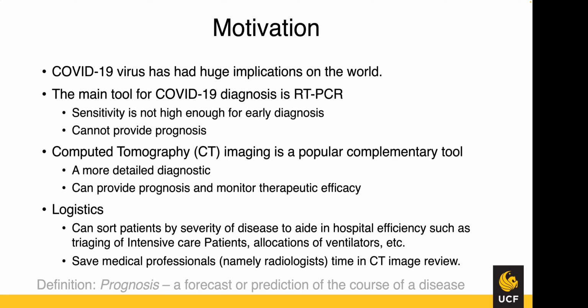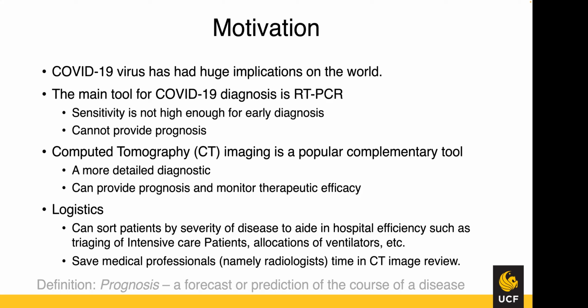Okay, so it's useful to then get a CT image, and this can actually provide a lot more detailed information. Instead of this discrete return of just positive or negative, you can have more of a continuous return.